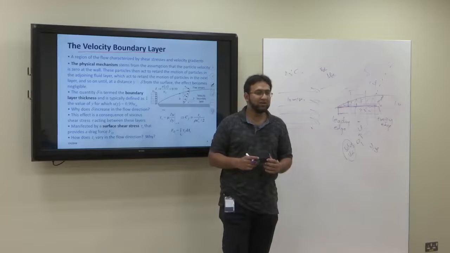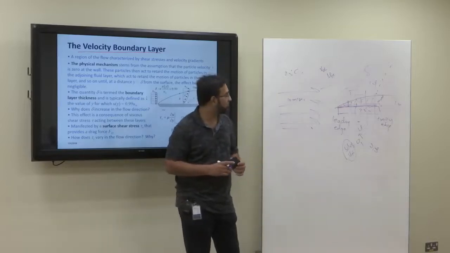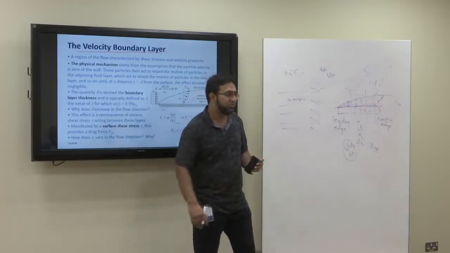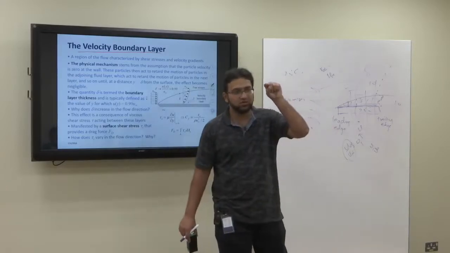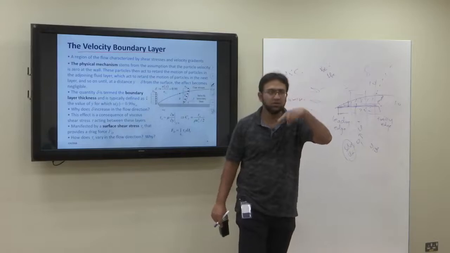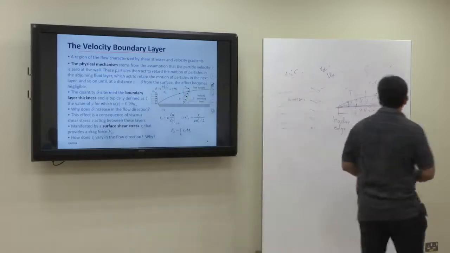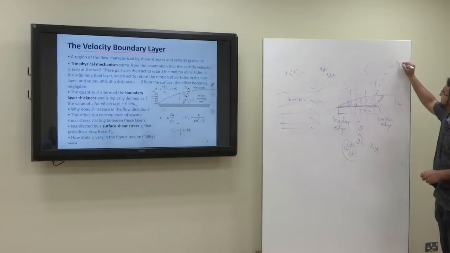Now if you want to know where the boundary layer is, suppose you have an instrument through which you can determine the velocity. Here if you put the instrument, it will give you velocity u infinity, everywhere u infinity.